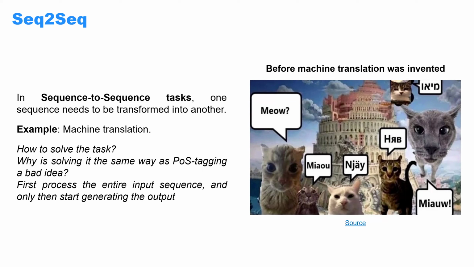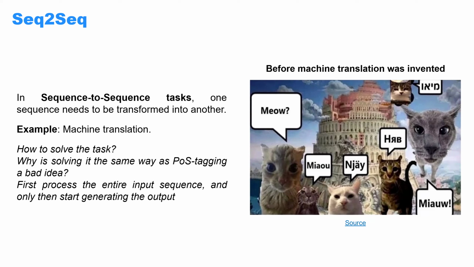So in general, they solve a sequence to sequence task. We have one sequence, and we want to transform it into another sequence. The best example of a sequence to sequence task is machine translation.